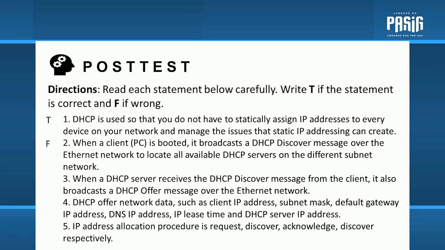Number 3. When a DHCP server receives the DHCP discover message from the client, it also broadcasts a DHCP offer message over the Ethernet network. The answer is true. Number 4. DHCP offer network data such as client IP address, subnet mask, default gateway IP address, DNS IP address, IP lease time, and DHCP server IP address.